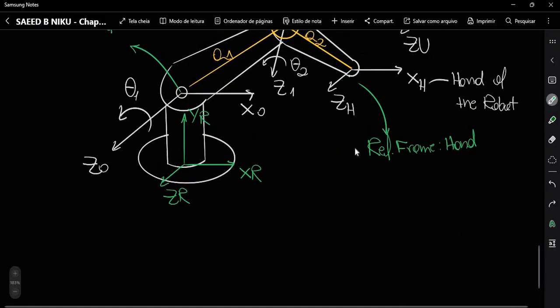Okay. And if the base is fixed, the base is fixed. Also this axis, this link, the link of the base is fixed.